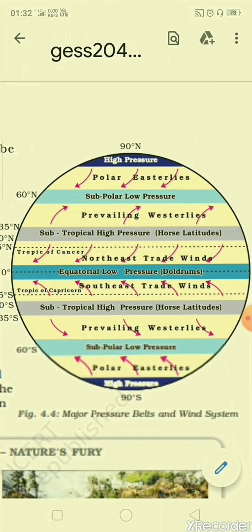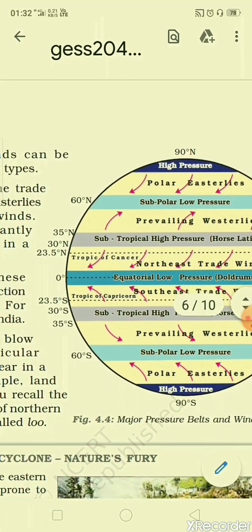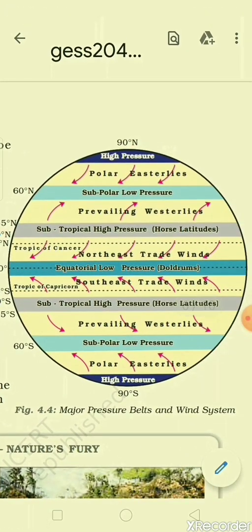So we all know that equator divides the globe into southern hemisphere and northern hemisphere, right? The equatorial belt extends 5 degrees north and 5 degrees south. Look at this picture here. This is the picture of major pressure belts and wind system, which is on page number 25 of your geography textbook.